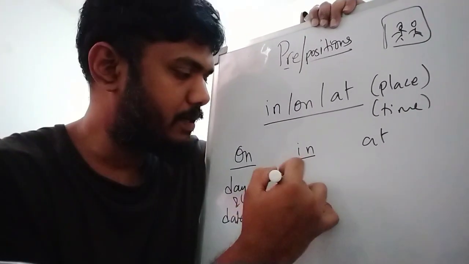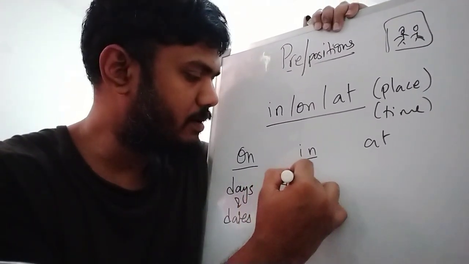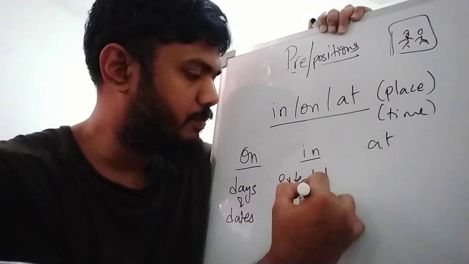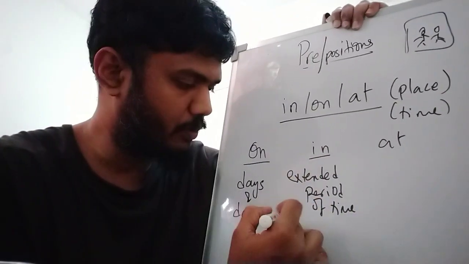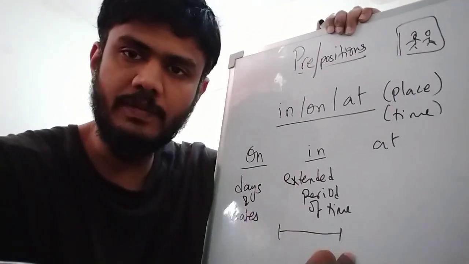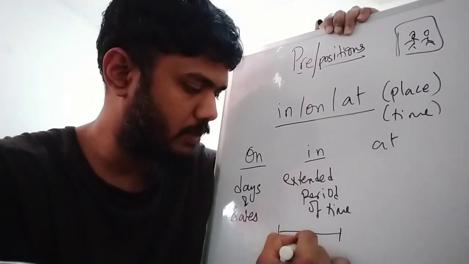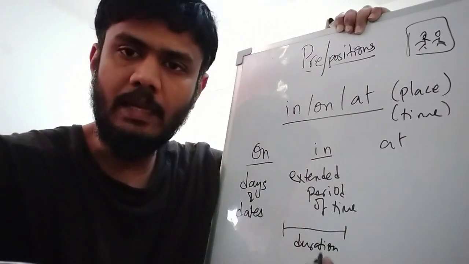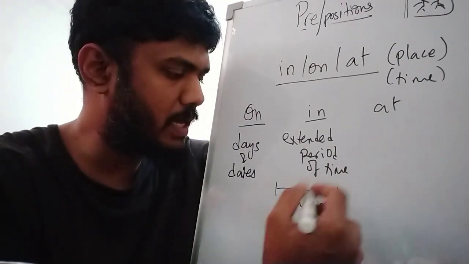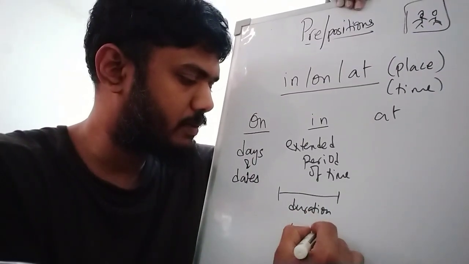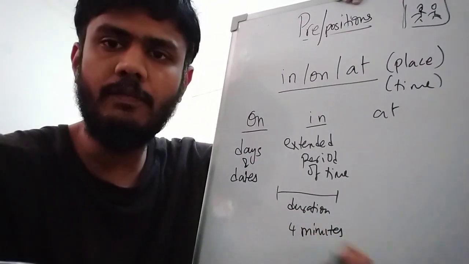In, on the other hand, is used for any extended period of time. If it's a long duration of time, if there's a duration, you use in. What can duration be? It could be anything like 4 minutes, in 4 minutes.